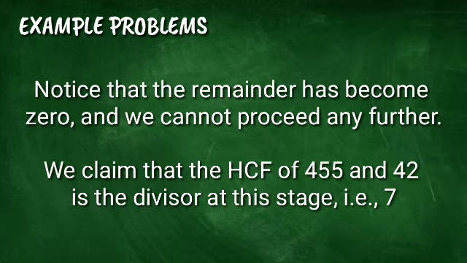Now we notice that the remainder has become 0 and we can't proceed any further. So we claim that the HCF of 455 and 42 is the divisor at this stage, that is 7. This is how we use Euclid's division lemma to find the HCF of two integers.